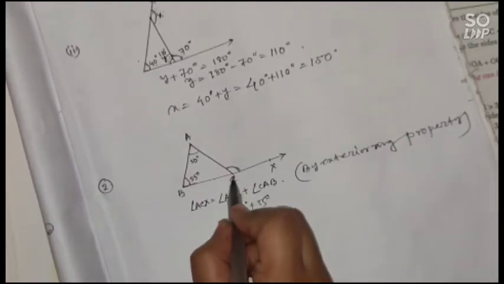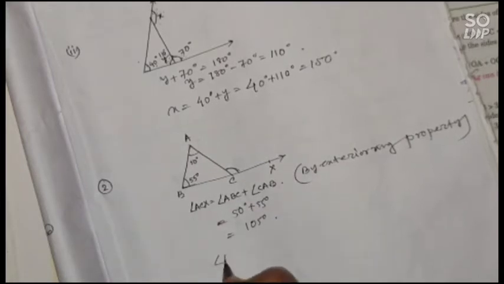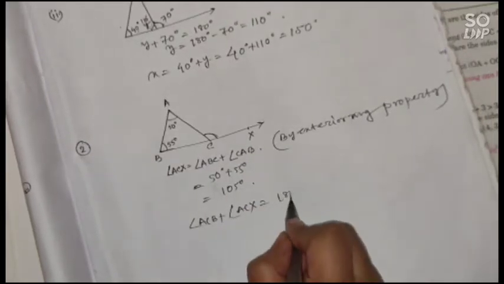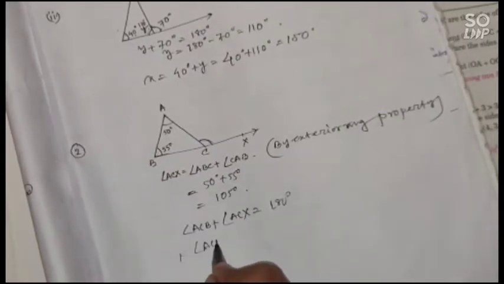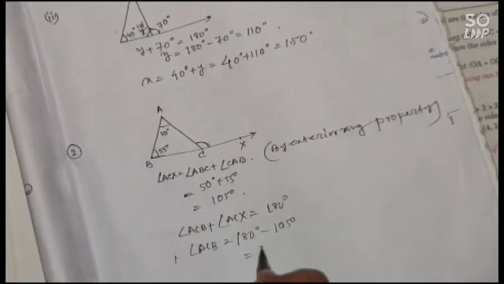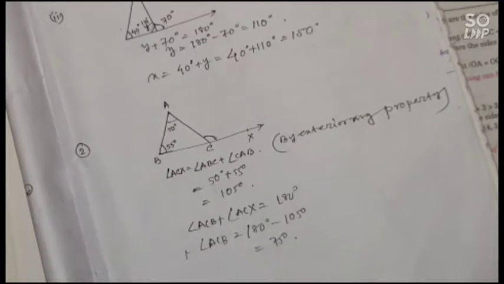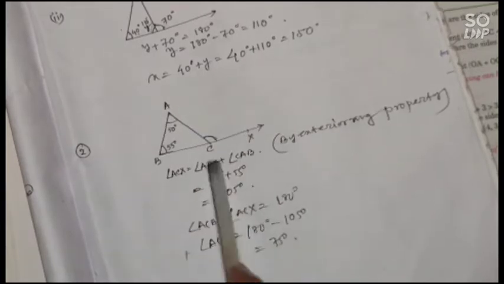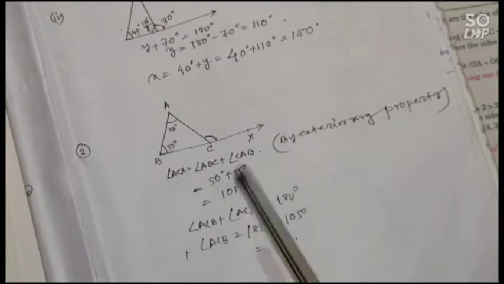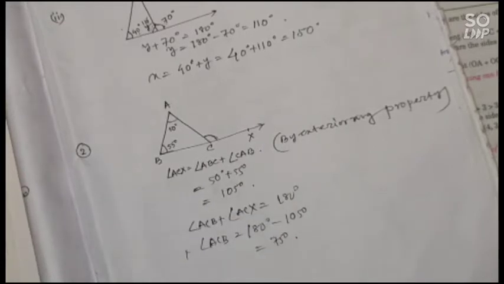ACB plus ACX form a linear pair, so the sum of these two angles is 180. So ACB equal to 180 minus 105. So this is equal to 75 degree. Okay. This is very easy. Angle ACX is 105, angle ACB is 75 degree.